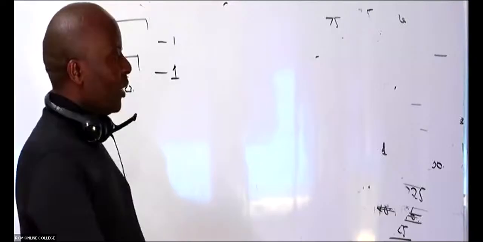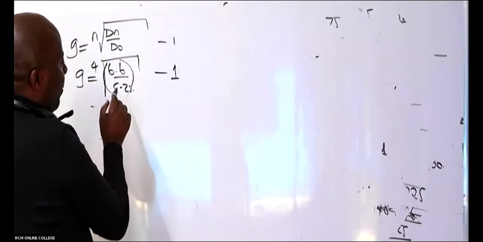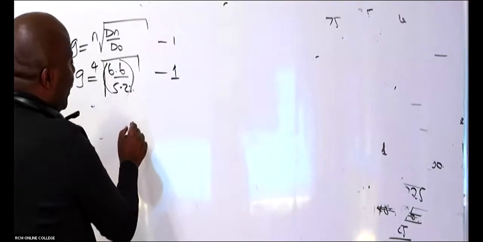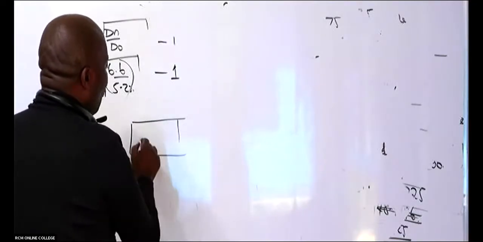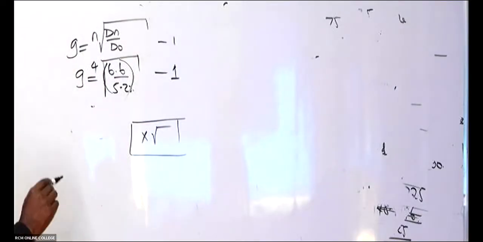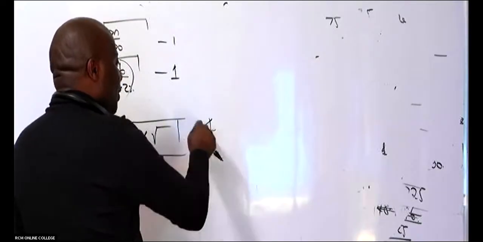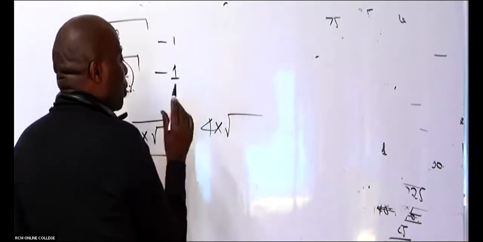So don't forget, put this in brackets. First of all, you say 6.6 divided by 5.23. And then on your calculator, look for something called x root. Once you see that x root, you say 4, and then you press shift for this x root to be shown on the screen.